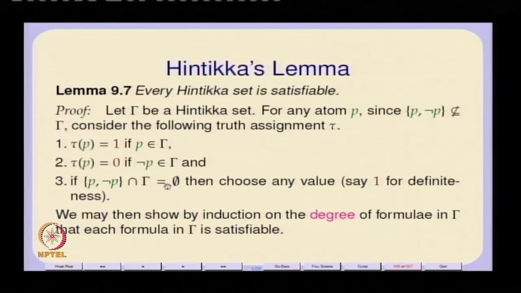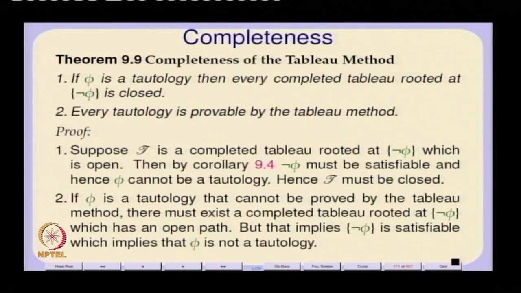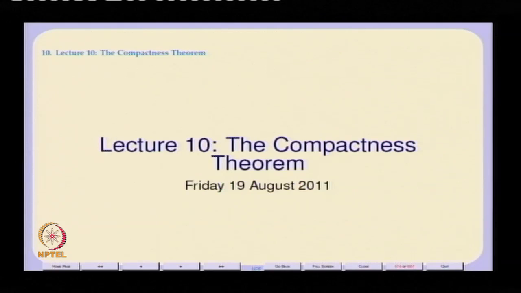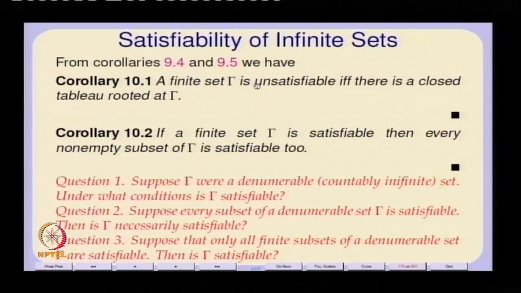We also had the notion of Hintikka sets, and we showed using Hintikka sets that the tableau method is also complete. And then we had the compactness theorem, which showed that in order to prove unsatisfiability of infinite sets, it is sufficient to find a finite subset which is unsatisfiable.